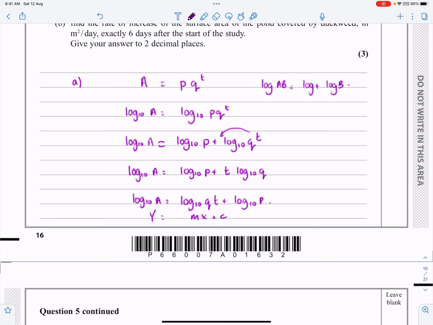So we can see this one is going to be my gradient and this one is going to be my intercept.